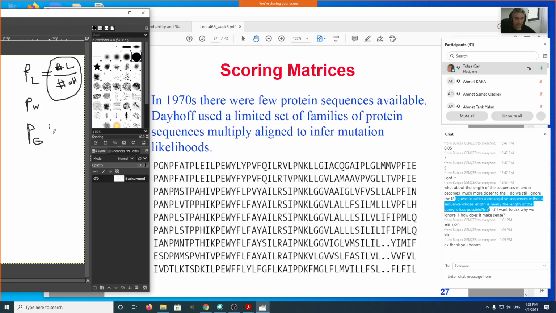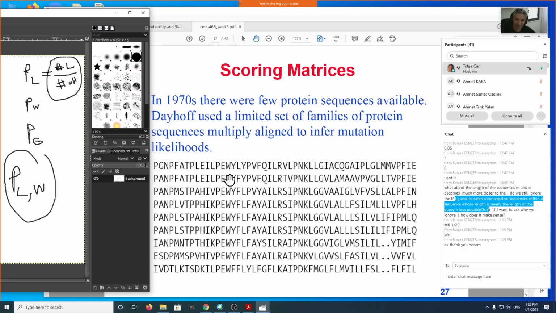What we need to compute next is the probability of observing L and W together in an alignment column. So what is this probability? If I select an amino acid from the bag and it's L, and I select another amino acid from the bag after replacement and the second turns out to be W, it's like observing two amino acids of two different types in the same column.